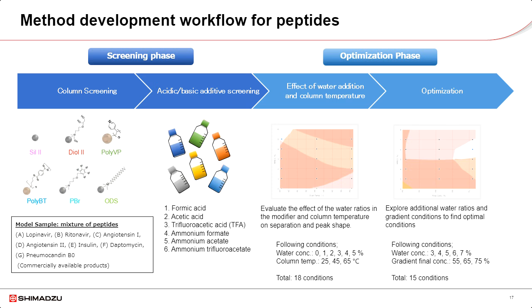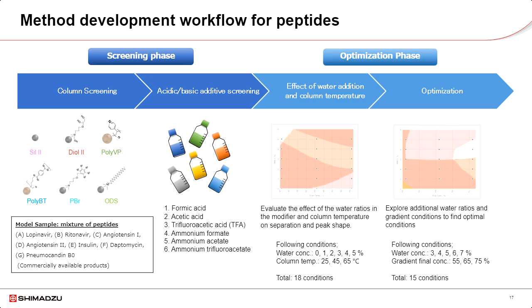The second phase of the screening will be to look at acidic and basic additives, including formic acid, acetic acid, trifluoroacetic acid, ammonium formate, ammonium acetate, and ammonium trifluoroacetate.